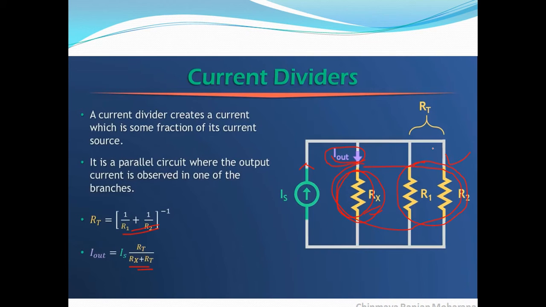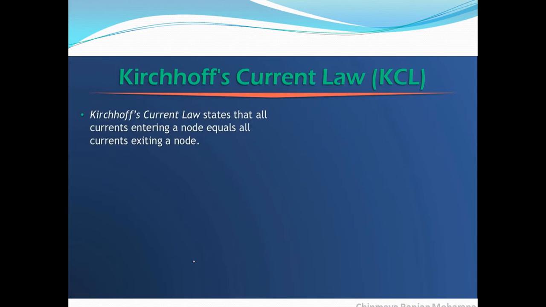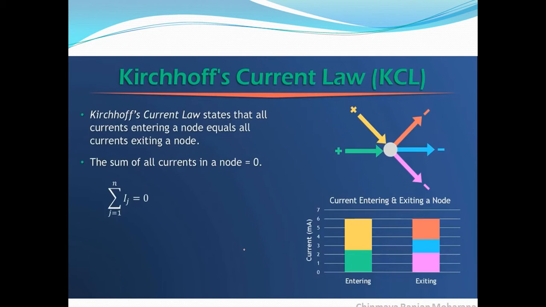Means RT is called the equivalent resistance. Clear? And Rx plus RT. Rx is the resistance whose current value we have to calculate, and next one is RT. Okay, this will measure our total current.